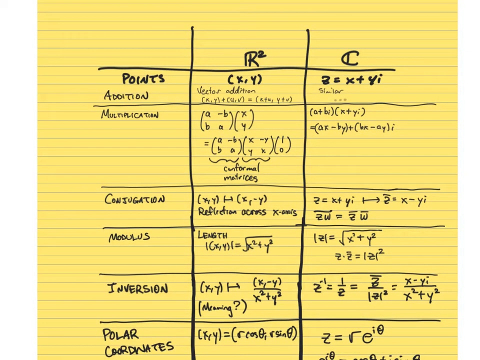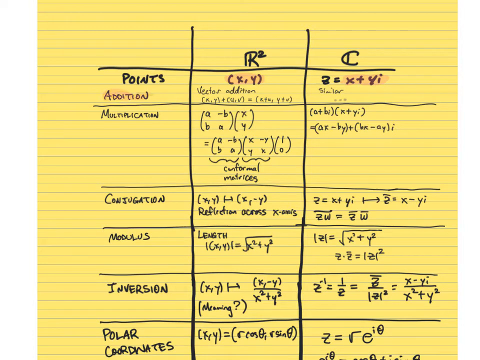On this slide, we're going to go through comparisons between R2 and the complex numbers, just to see the significance of some of the operations on complex numbers and hopefully give you some indication why complex numbers can do more for you than just the structure of R2. So points in R2 are represented with an ordered pair x, y, and points in C are also an ordered pair, but we write them this kind of special way because, again, we have this multiplication where i squared is -1.